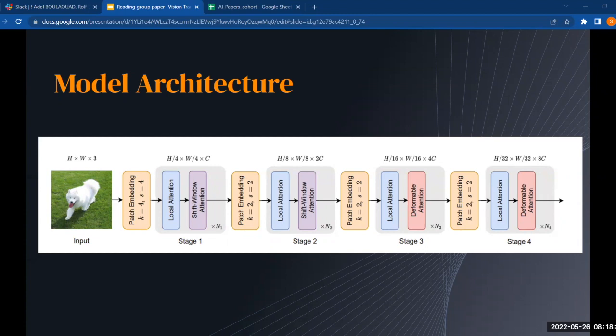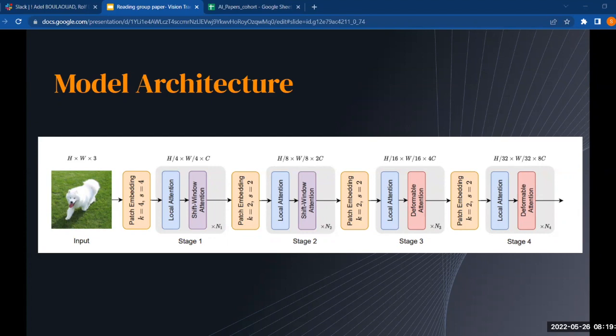In terms of the network architecture, it shares a very similar pyramid structure, which is broadly applicable to various tasks. Now, as illustrated in the figure, the input image with 3 channels is first embedded with a 4x4 non-overlapping convolution with stride 4, followed by a normalization layer to get a patch embedding.